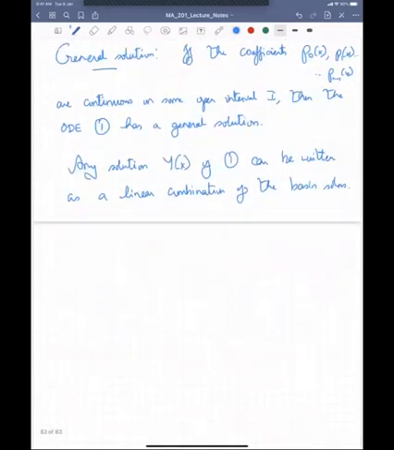If somebody says they have a solution y of x, I'll claim that this y of x is nothing but some linear combination of the y's that I have found.